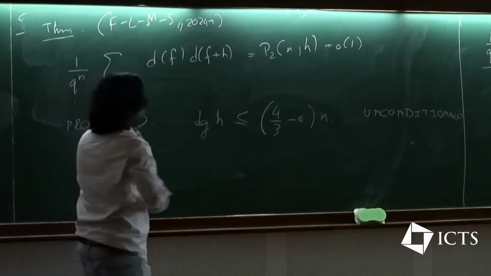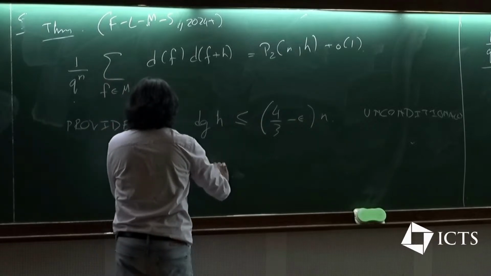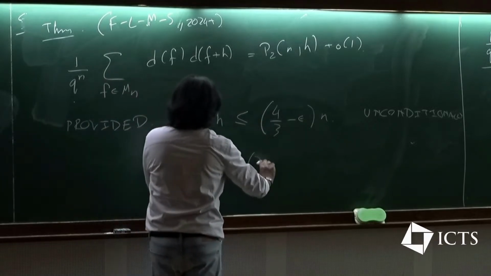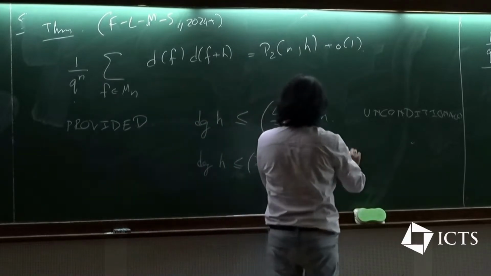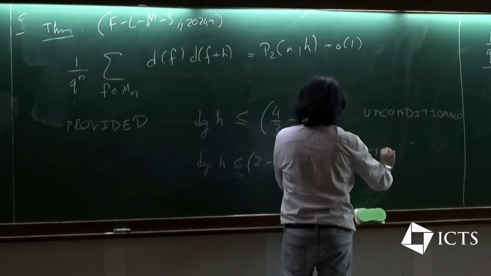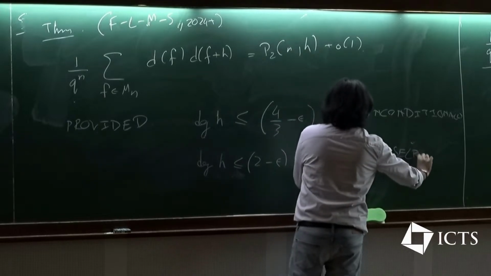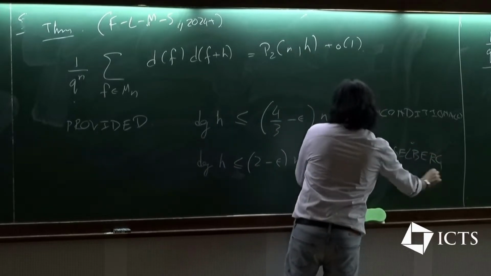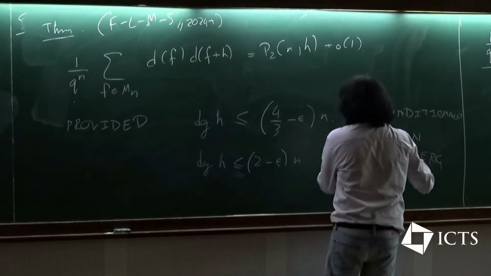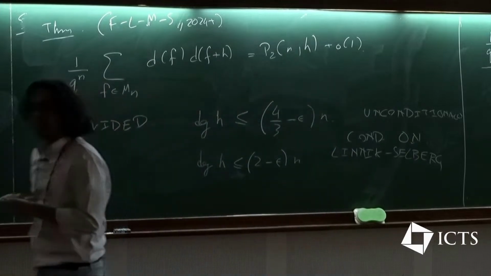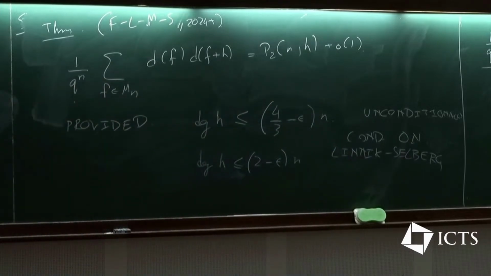And actually, you can go up to Motohashi's result, degree of h going up to 2 minus epsilon of n, if I assume the Lindelöf-Selberg conjecture, the analog of the Linnik-Selberg conjecture for FqT. So that's basically saying, if you have a sum over moduli in a Kloosterman sum, you get further square root cancellation in that sum as well.